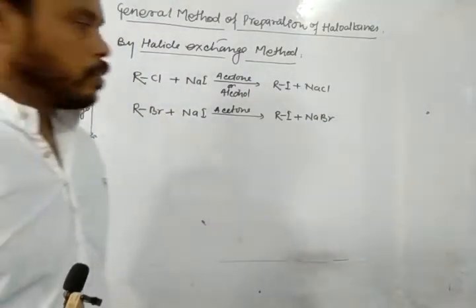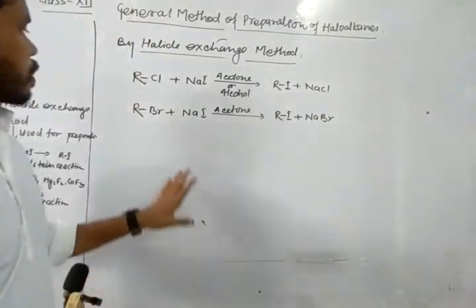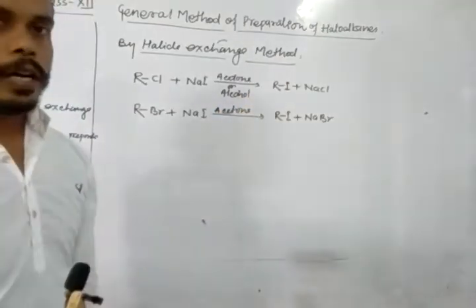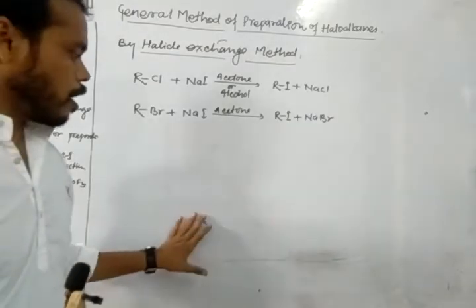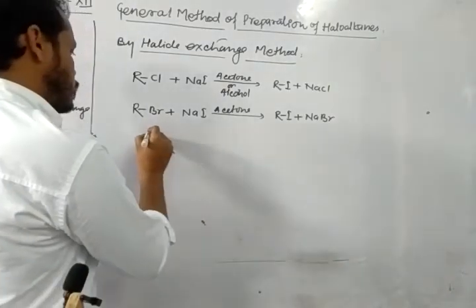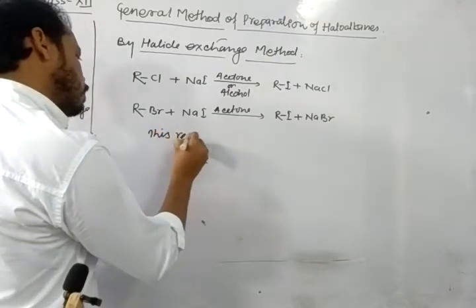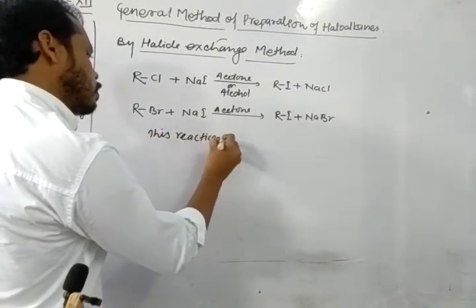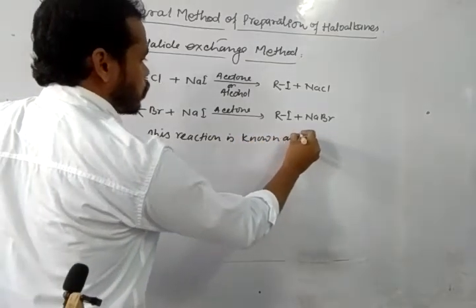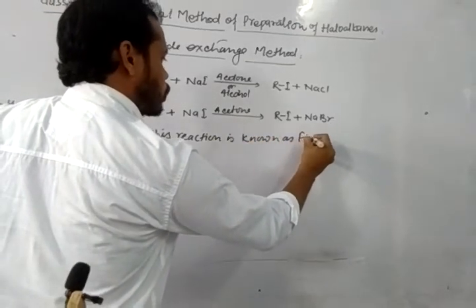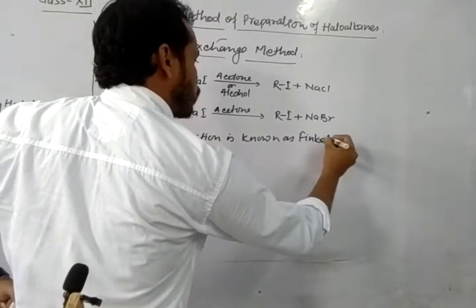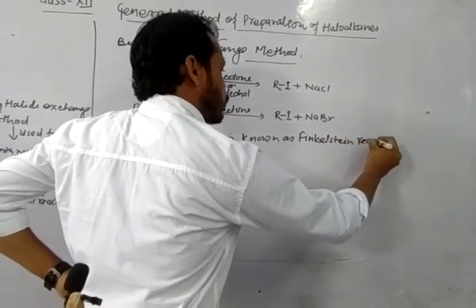In these reactions we can prepare alkyl iodide, and this reaction is known as the Finkelstein reaction.